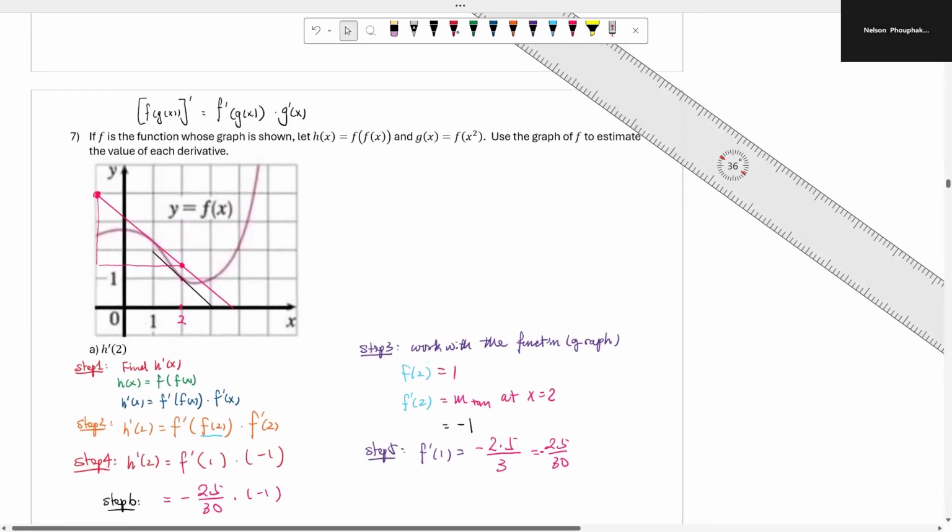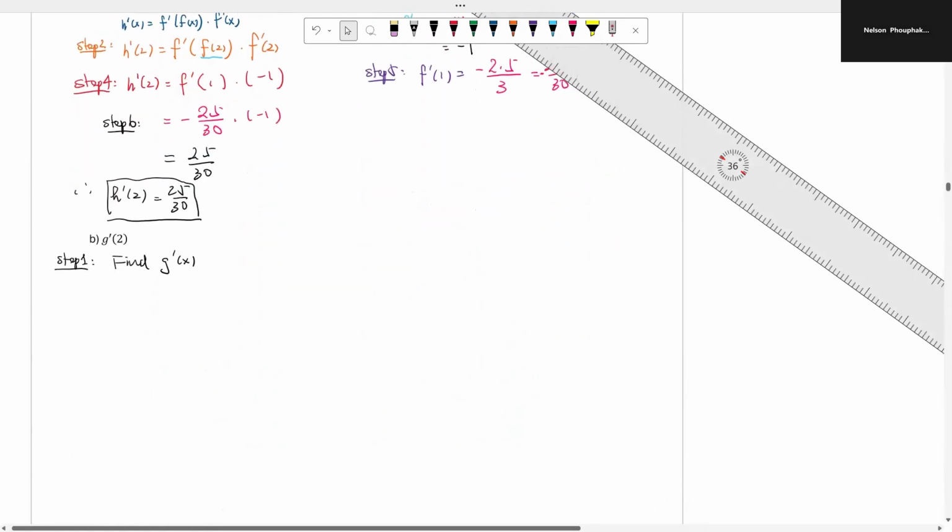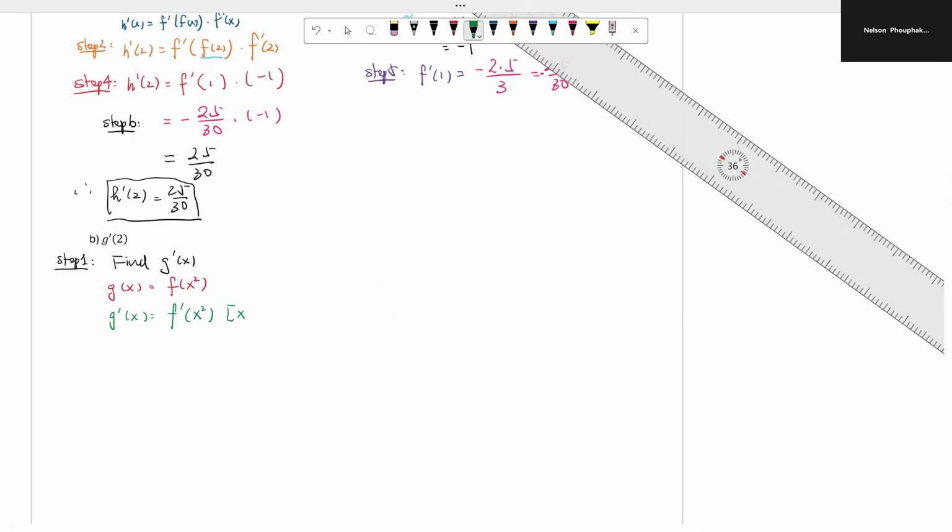We know that g of x equals f of x squared. Then g prime of x will be f prime of x squared times the derivative of x squared, which is 2x f prime of x squared.